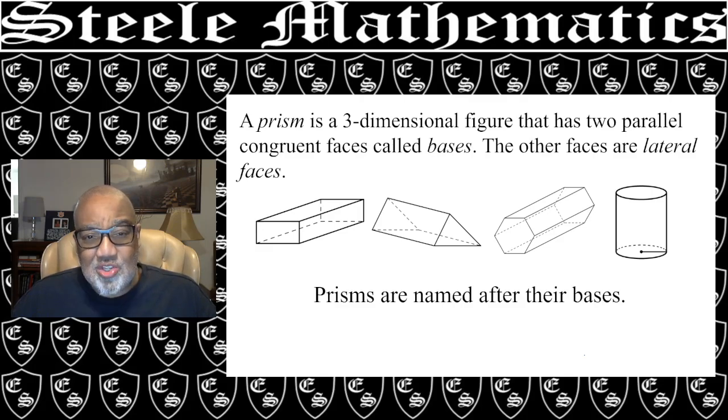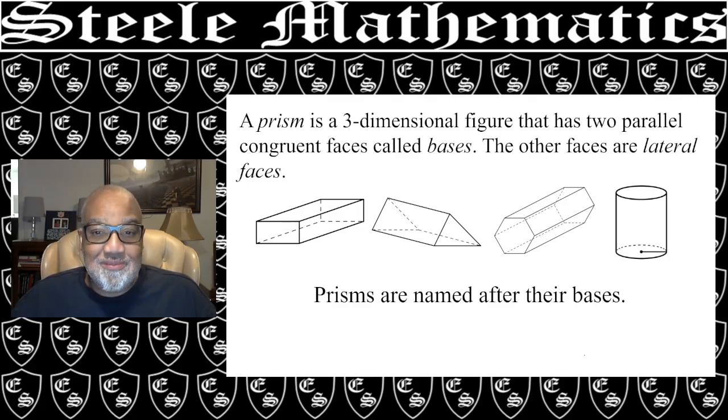And what is so special about a rectangular prism is that the front and the back can be bases, the top and the bottom can be bases, the sides can be bases. They're all shaped like rectangles. The second prism is called the triangular prism, because as you can see, the bases are shaped like triangles.